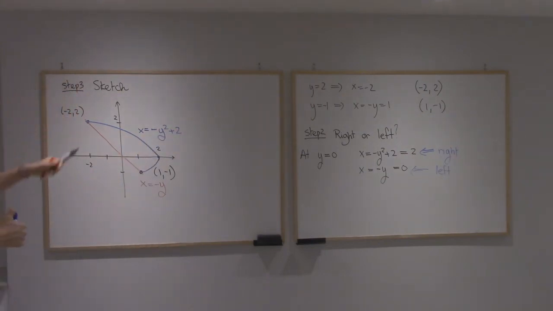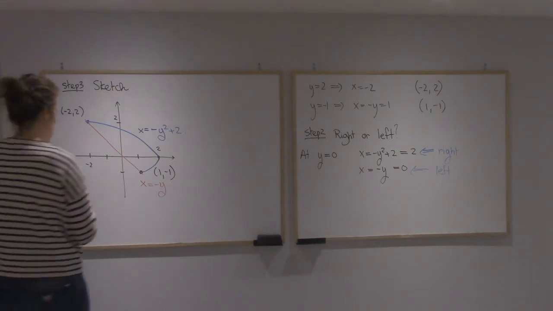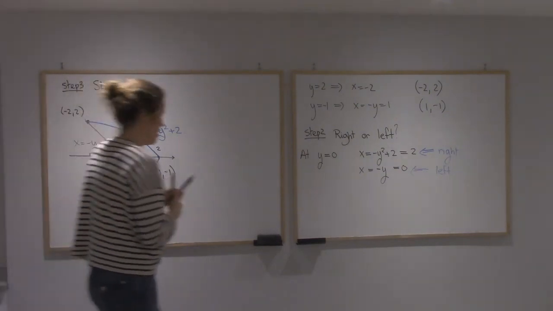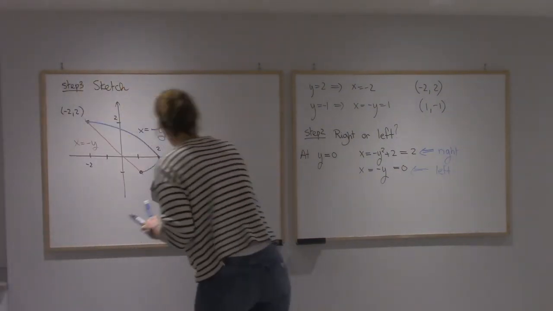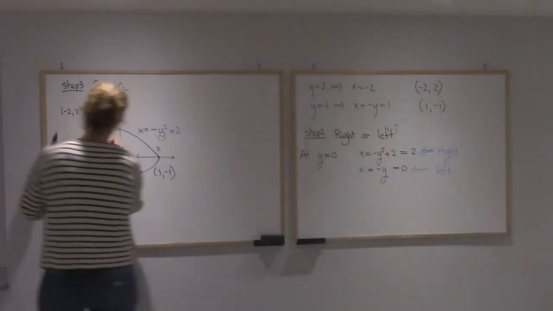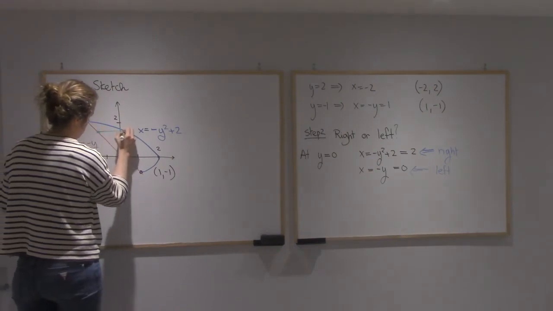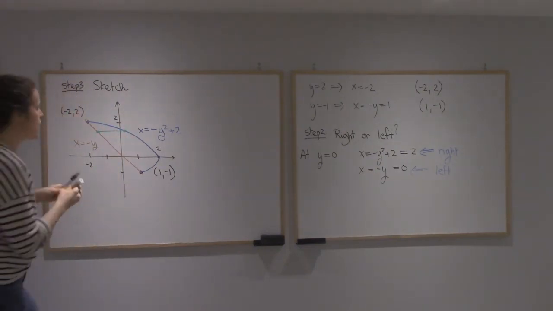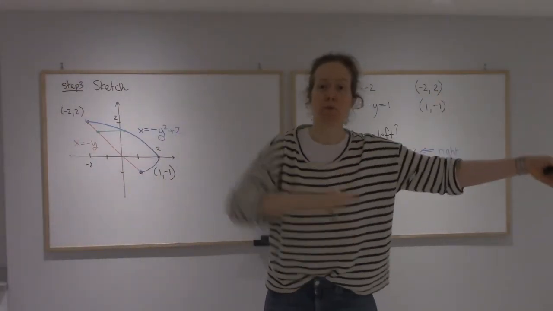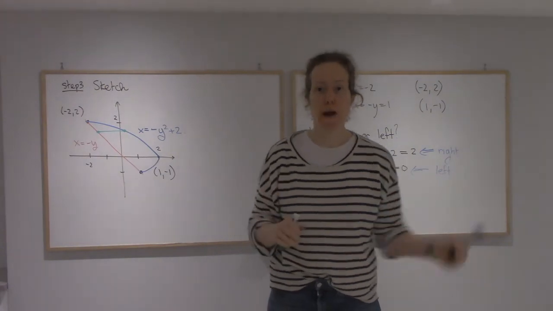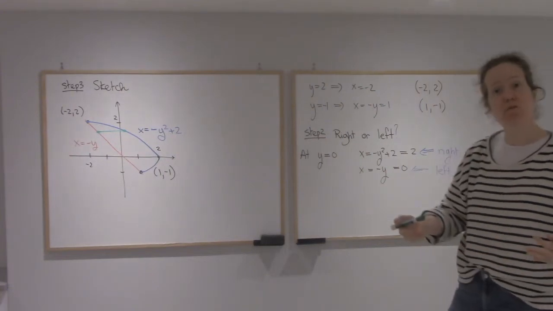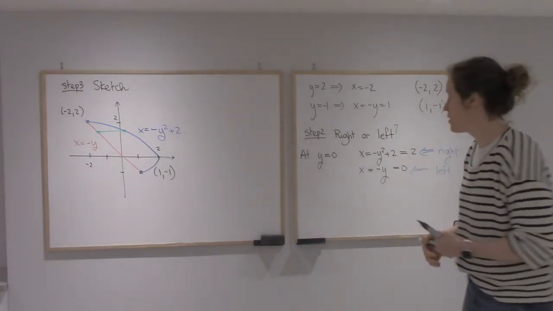All right, so here's my region. My horizontal slicing will be like this. And notice that wherever I place that green line, its right side will be on blue, its left side will be on red. So right is always blue, left is always red, and I don't have to change halfway through my integral what curve is right, what curve is left.